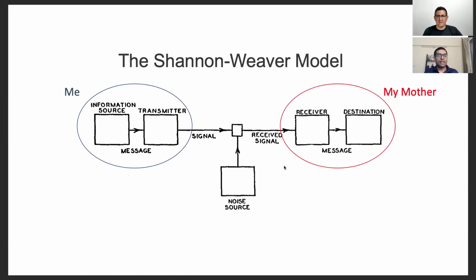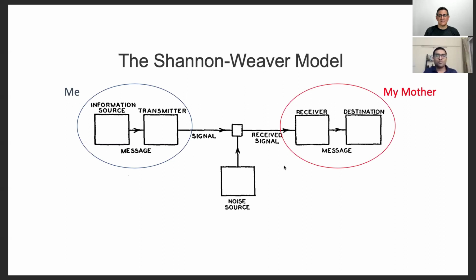Let's say I call her up tonight and I say, hey, I was talking to Steve. My mom would say something like, hey, did you have dinner? The reason that happens is that there's always a mismatch in our expectations. For my mother, my dietary habits are more of a priority than who I spoke to or what I worked on, whereas for me, something else might be the priority.